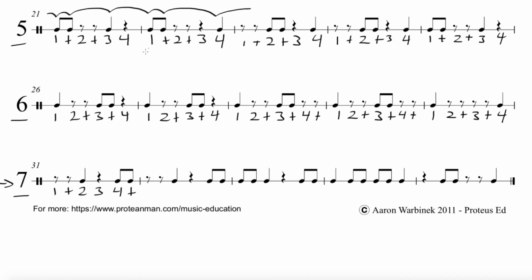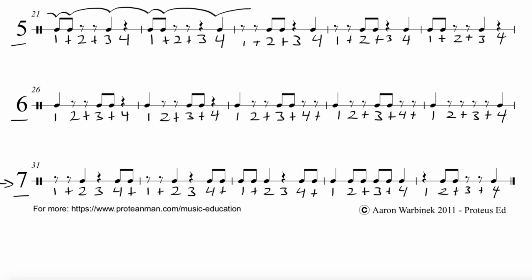If you've gotten all the way through here and you've got it correct, eventually, or mostly correct, then number 7 will not be difficult. 1, and 2, 3, 4, and 1, and 2, 3, 4, and 1, 2, and 3, and 4, 1, 2, and 3, and 4.